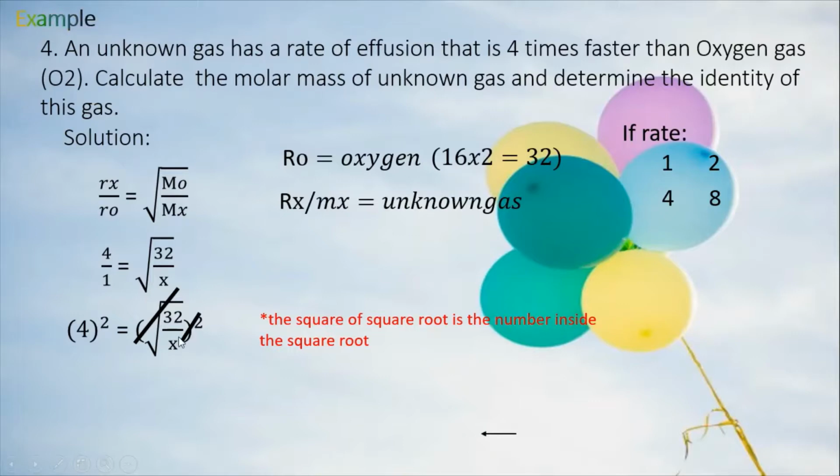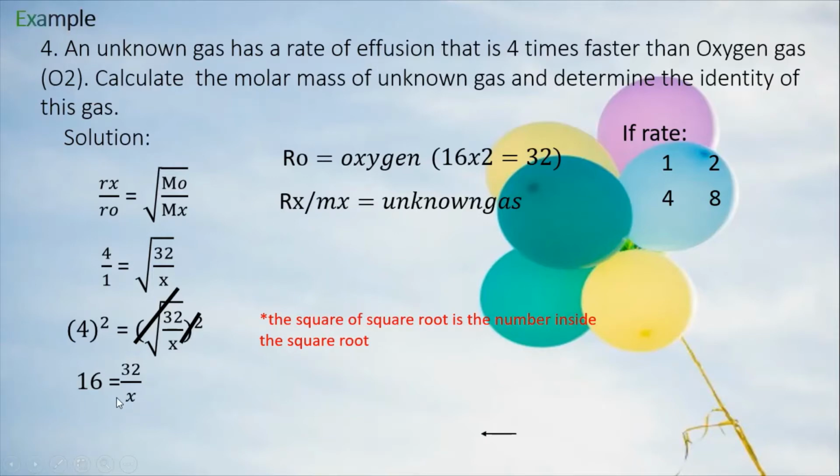So we have 4 squared is 16, and the square of the square root is 32 over x.